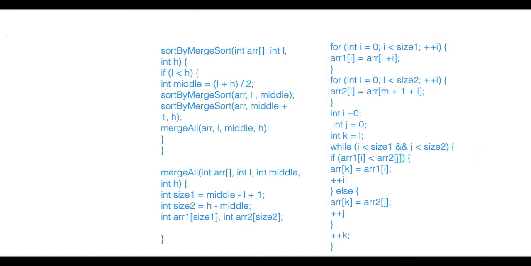Whatever is left means while i is less than size 1, and then likewise for the second array. Whatever is remaining after comparison, we will just fill into this array, right?